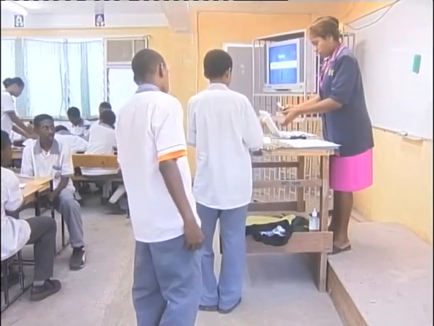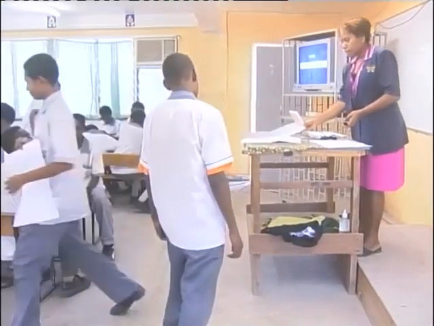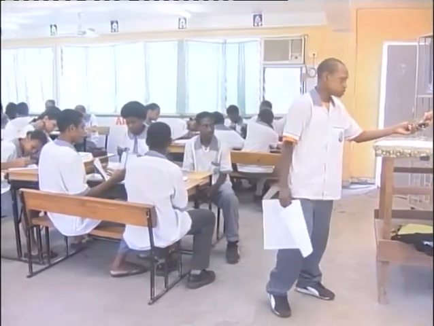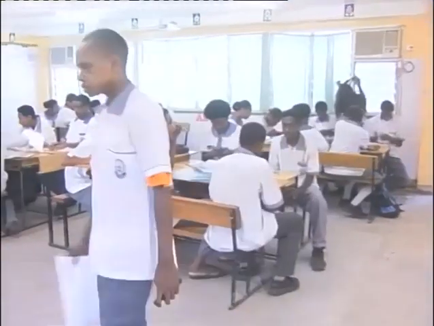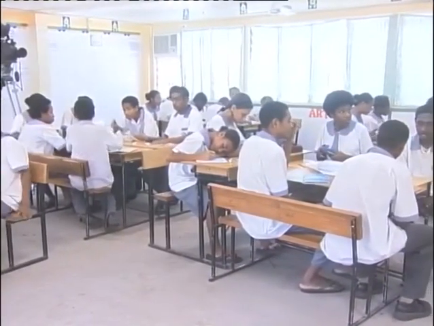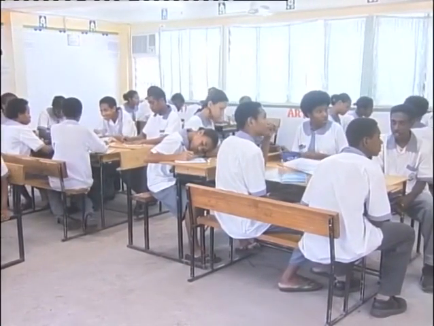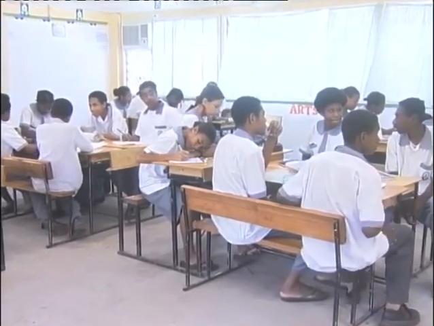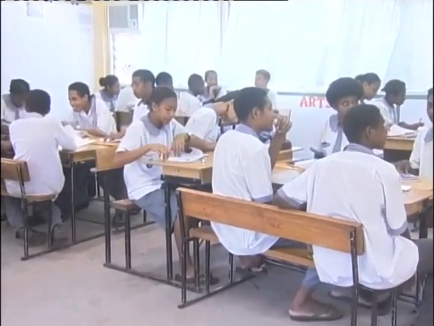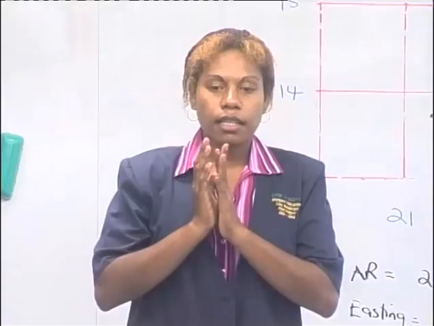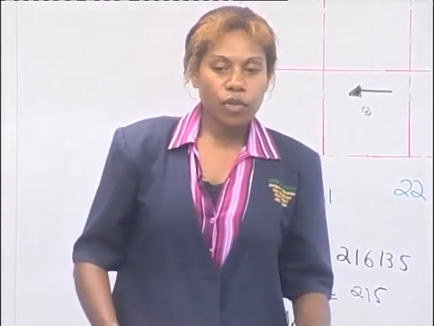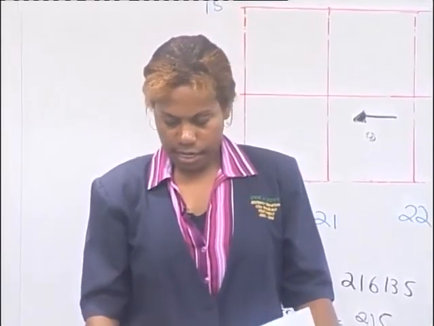You come and get a paper and a marker here. Who doesn't have a marker? Which group didn't get the marker? Receiving students, A3 papers. Those of you who have, you have your papers there.